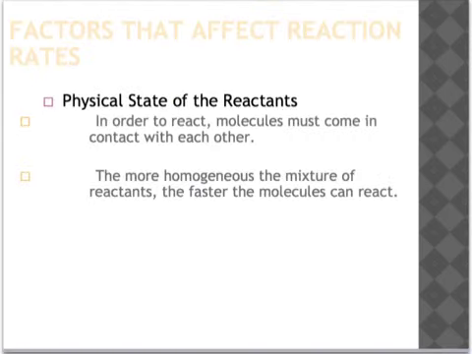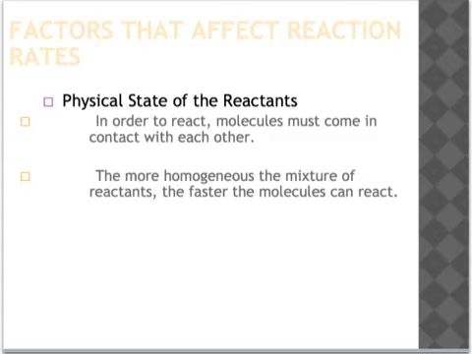So far, we've looked at chemical reactions in fairly simplistic terms. We know that for a chemical reaction to occur, bonds have to be broken and new bonds have to form. And in order for a chemical reaction to proceed in that manner, the molecules have to come in contact with each other.